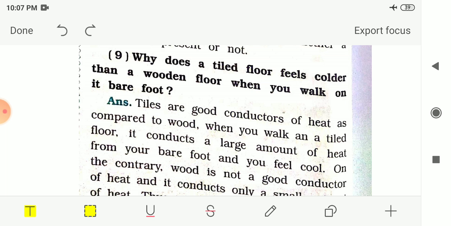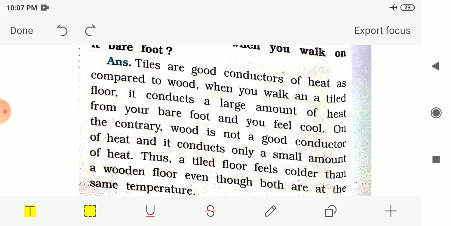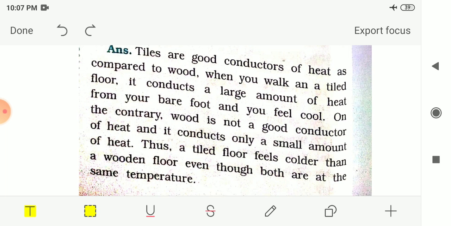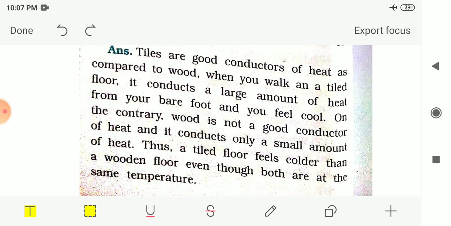So why is this so? Tiles are good conductors of heat as compared to wood. We had seen wood is an insulator of heat, and when you walk on a tile floor it conducts a large amount of heat from your bare feet and you will feel cool.